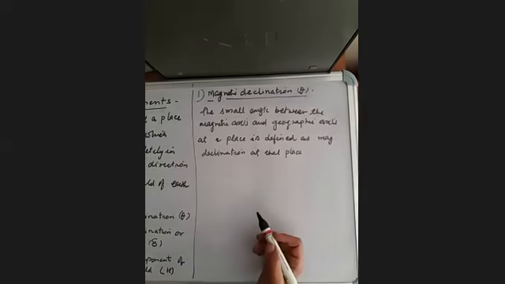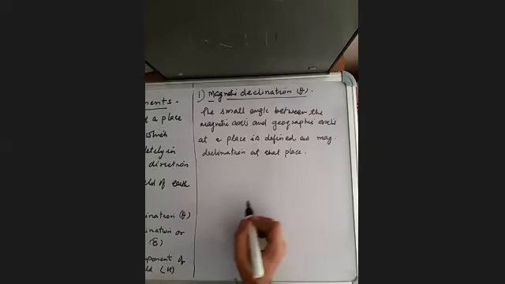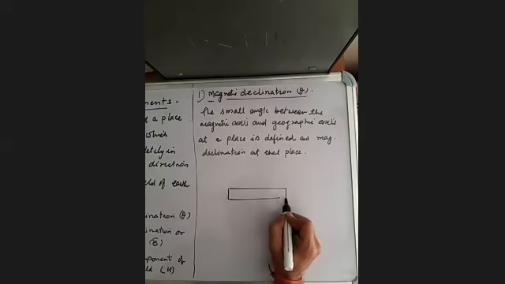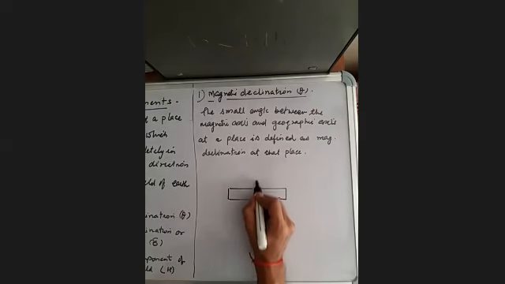Represented by letter theta. Now to understand this, we suspend a bar magnet freely with the help of unspun silk thread.